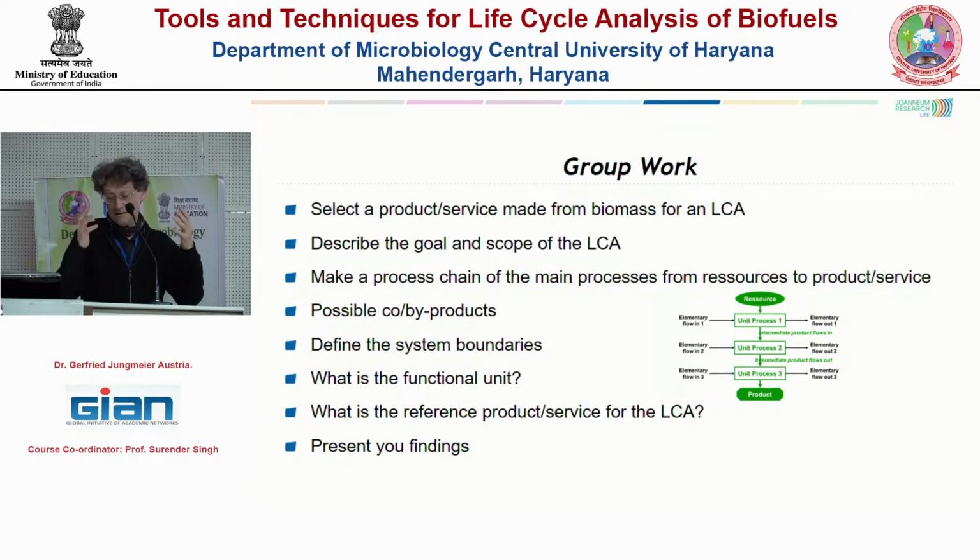Then at least define the system boundaries. At the least, the system boundary is between nature, so nature is going into the system boundaries, simplified, and the product is coming out of the system boundary. Everything in between, you have these unit processes where you need to collect the data and make the LCA.